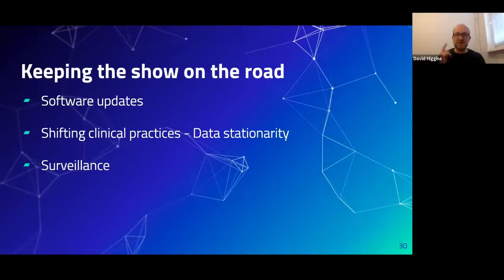Then you're going to have to repeat that process every 2 to 3 years. You need a plan on how to do that. And ideally, you need to detect the changes as they're happening in the wild and then quickly adapt to deal with them. And the final one, and it's actually the most important of the lot, is surveillance.